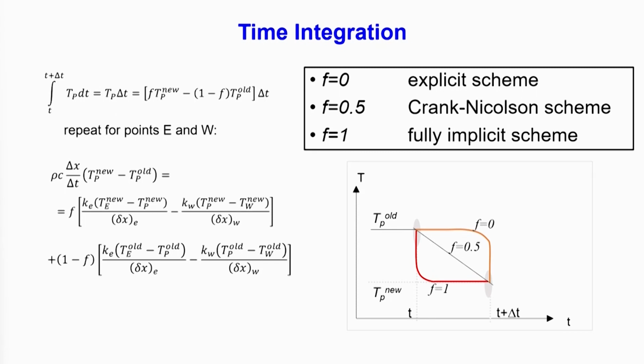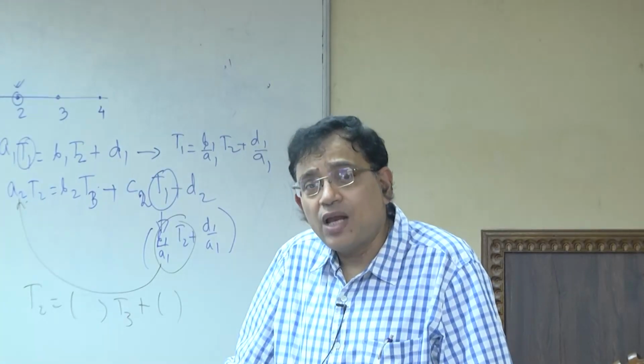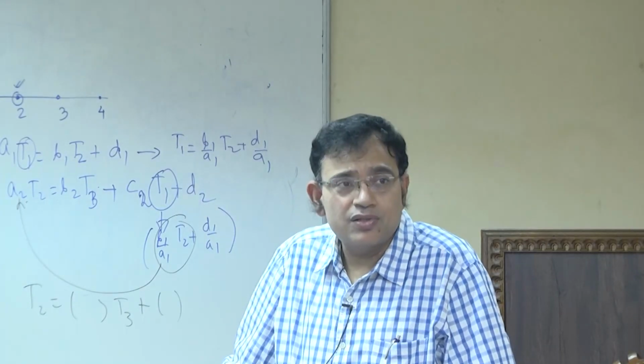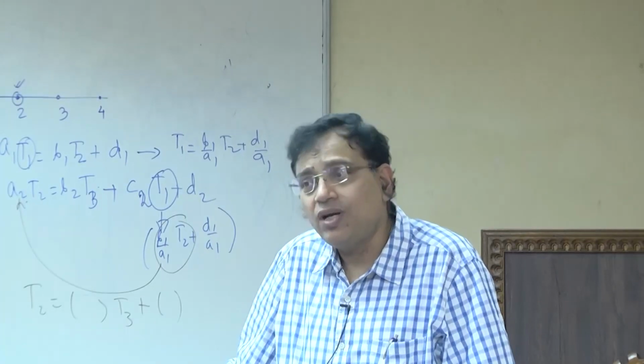If f is 1, then it would be Tp new into delta t. So, f equal to 0 means the result of the time integration depends on the value only at the beginning, and f equal to 1 means it depends on the value only at the end of the time step.